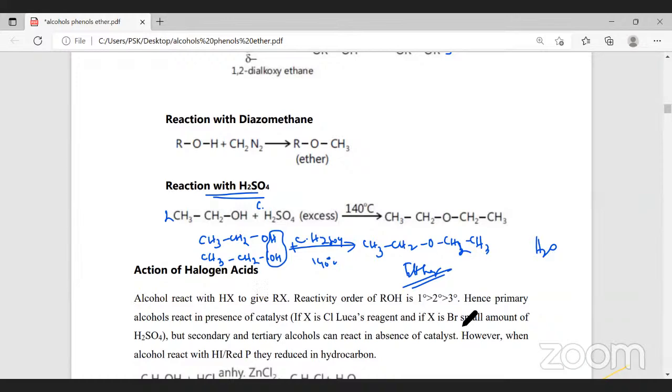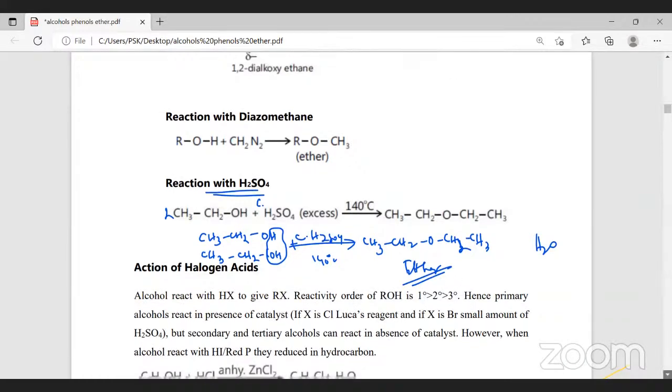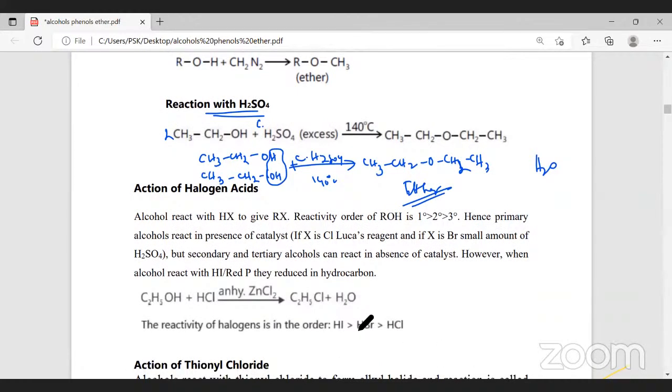Next one is action of halogen acids. Halogen acids are also called hydrogen halides. Now, hydrogen halides, HCl, HBr, it can be anything.